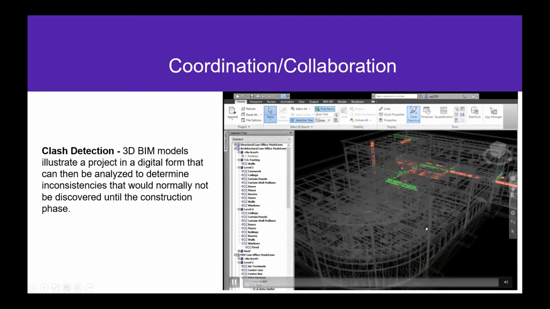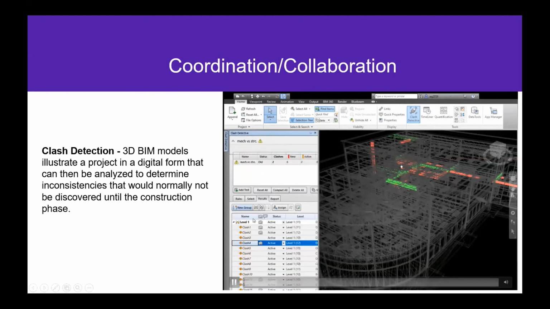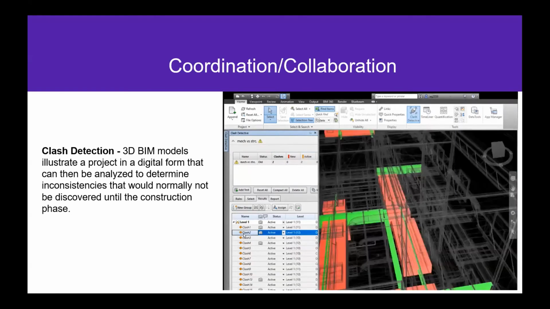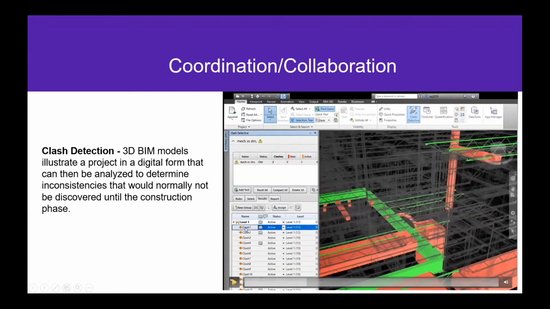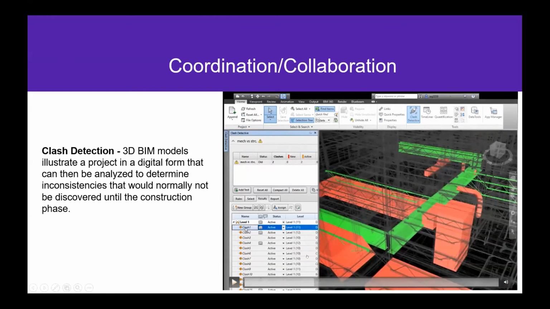Most of the time, clash detection is run for mechanical elements and structural elements. As you see in the example, even though this model was authored in Revit following the author's footsteps, when we run this Navisworks exercise, we see that structural elements are conflicting with MEP elements.